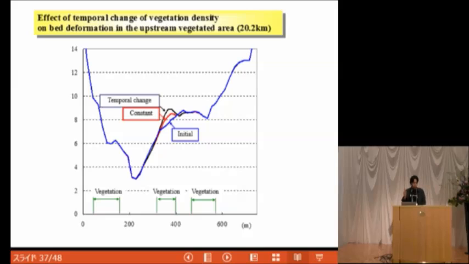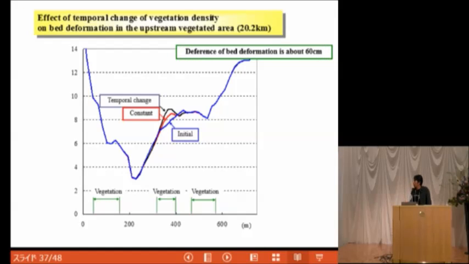The difference is 60 centimeters here. This is a calculation for only 2 floods. If we perform a much longer calculation, such as 5 years or 10 years, the difference becomes much larger. So for the upstream region of the vegetated area, the temporal change of the vegetation will affect the bed deformation very much.